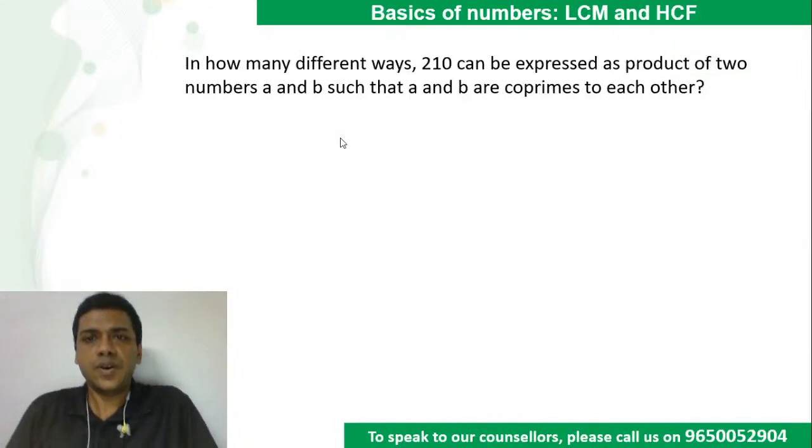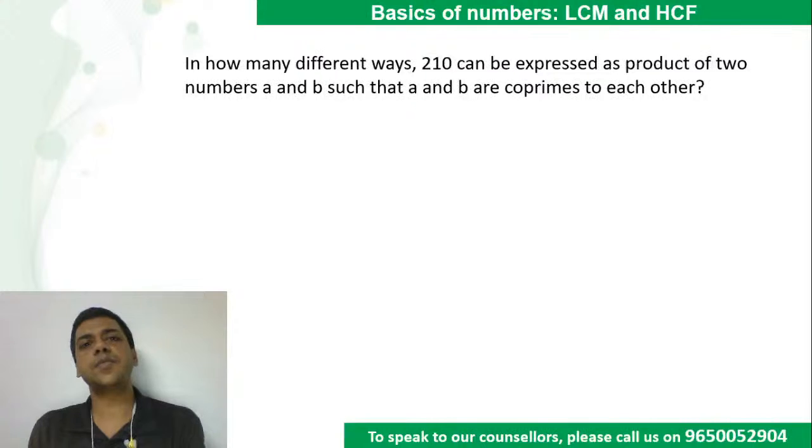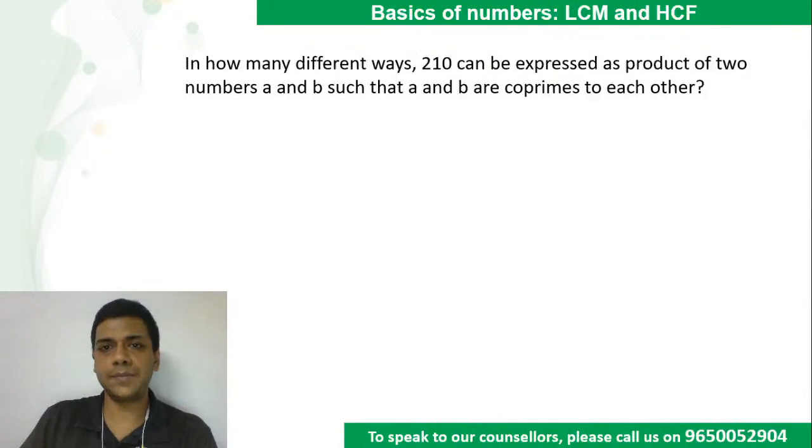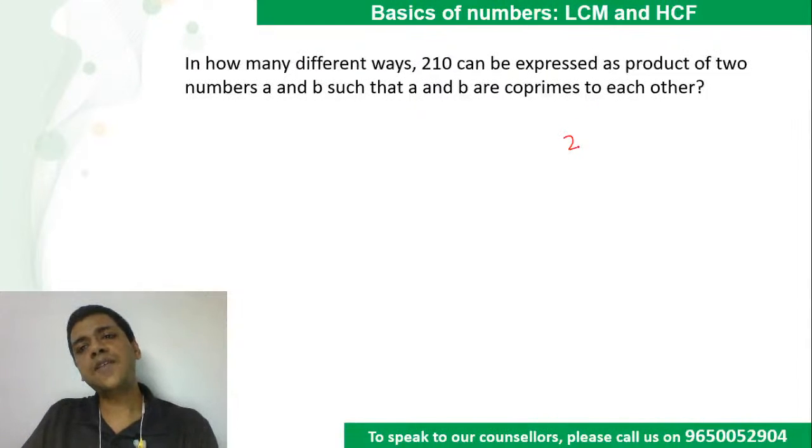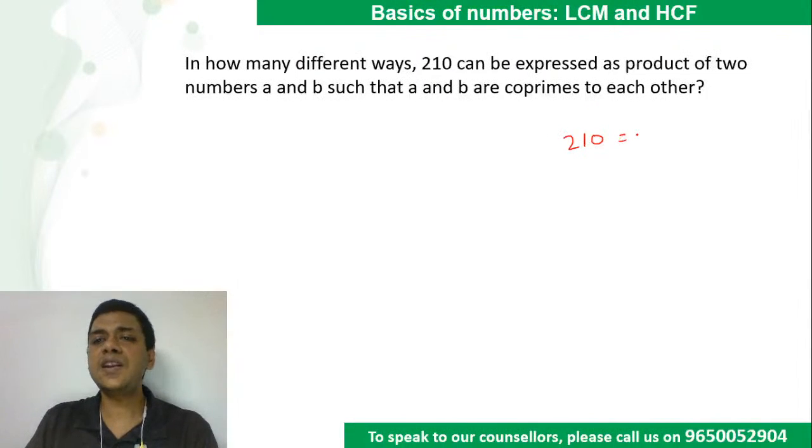In how many ways can 210 be expressed as a product of two numbers A and B such that both A and B are co-prime? Now again look at the factors of 210. What are the factors of 210? 210 upon 2 is 105, and 105 upon 3 would be 35.